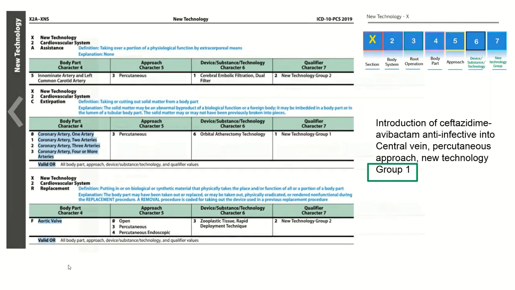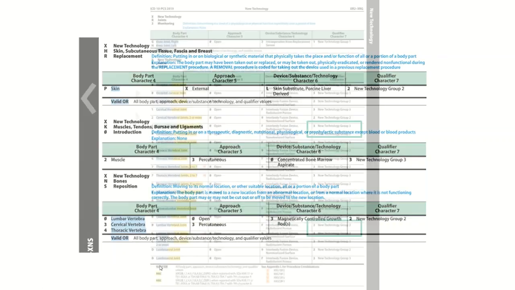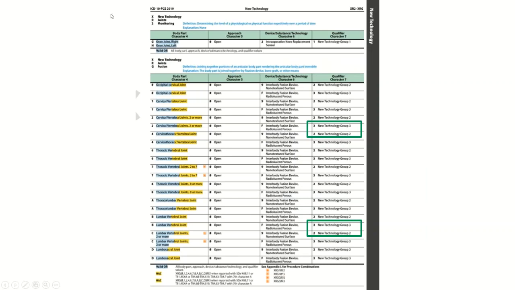But I just want to draw your attention to the XH table. This is skin and subcutaneous tissue, fascia, and breasts. And then you've got muscles, tendons, bursae, and ligaments. That's K. You've got bones. It's really, really developing. And we really don't have very many exercises, but let's take a look at a chart for new technology joints.